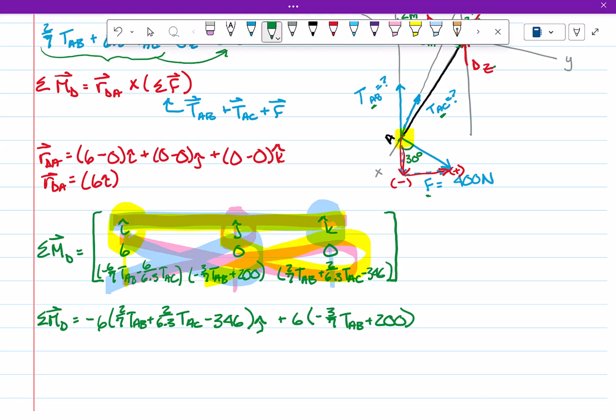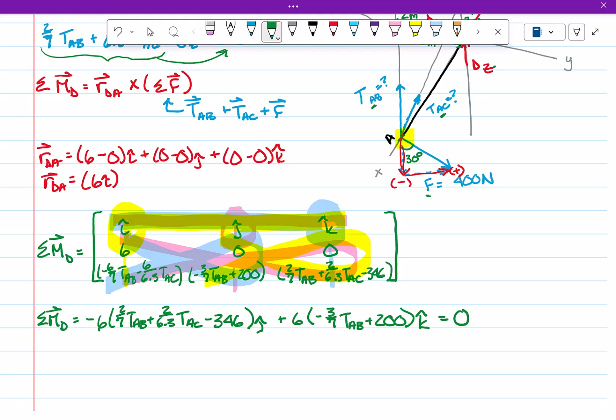Now again, I already mentioned this before, I'll mention it again. The sum of the moments must be equal to 0. The great thing about Cartesian vectors, Cartesian coordinates, is you can group all of those components together and just say, in this direction, they must be equal to 0.